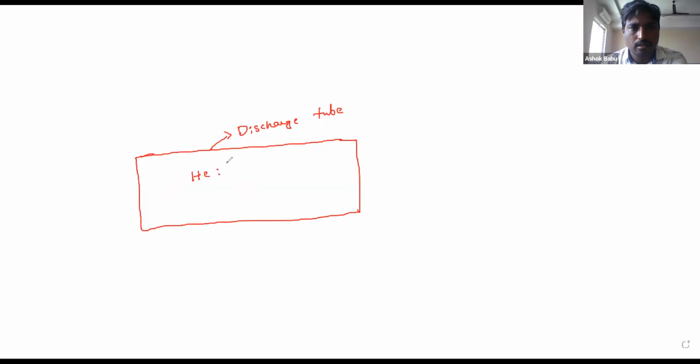Helium and neon are filled in the ratio of 10:1. If you take 10 helium particles, you take only 1 neon particle. So in the ratio of 10:1, we fill helium and neon in the discharge tube. Two ends of the discharge tube are silvered.